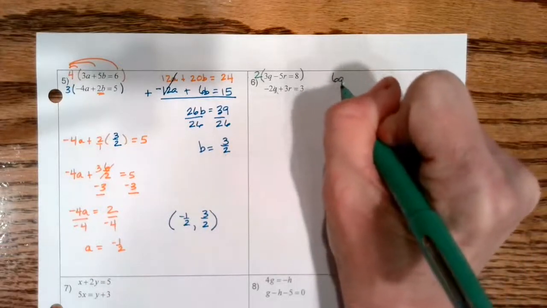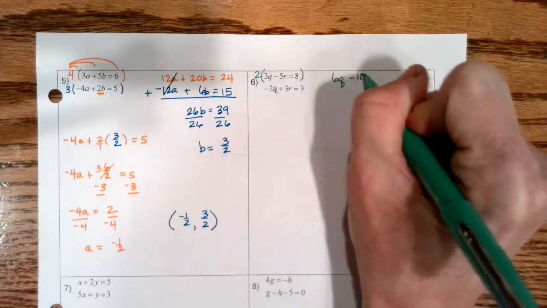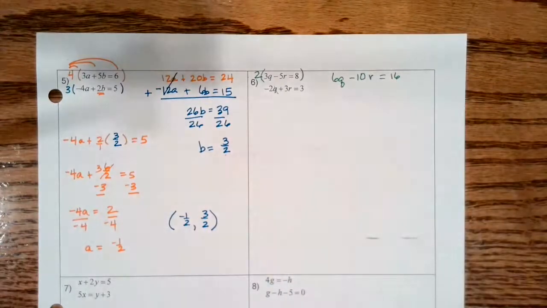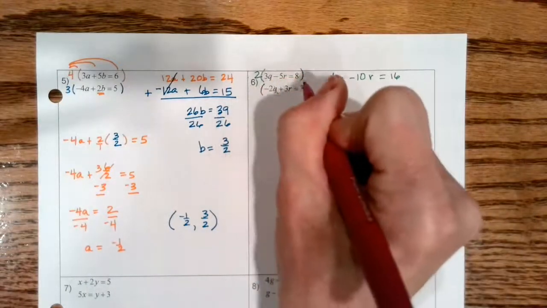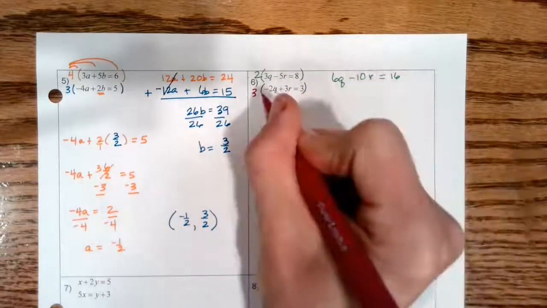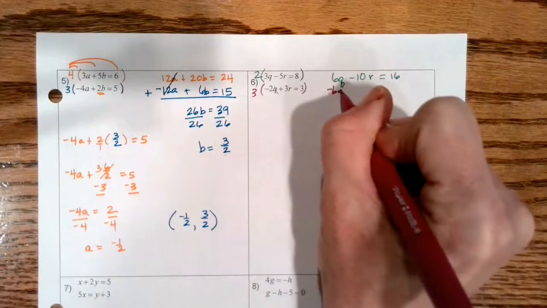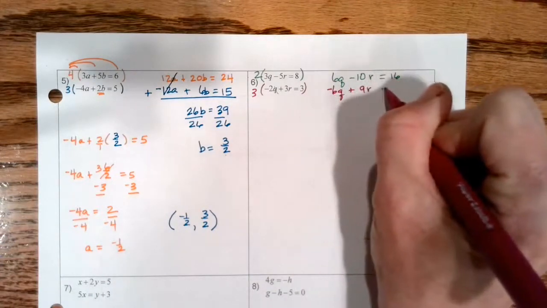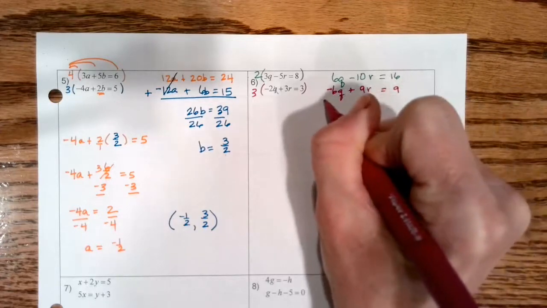That's going to give me 6 Q's minus 10 R's is equal to 16. I'm going to multiply this equation by 3. That's going to give me negative 6Q plus 9 R's is equal to 9.